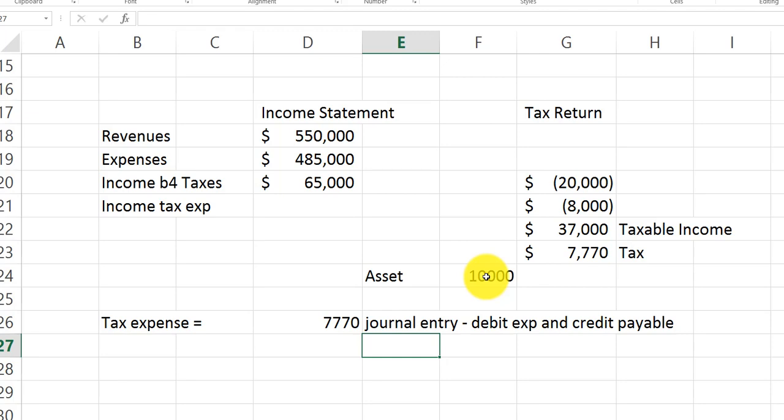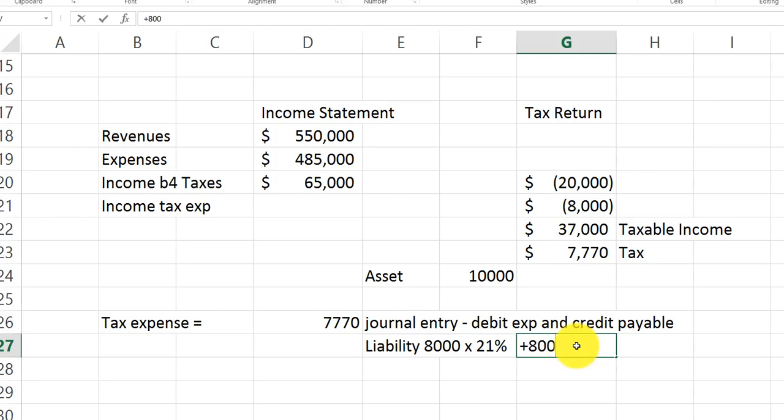The liability is the amount of the difference times the tax rate. Okay? So we're going to take 8,000 times 0.21. 1,680. Our liability should be 1,680.